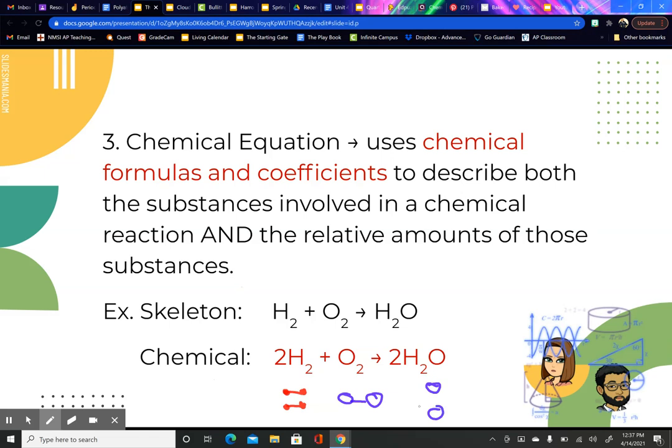And then at the end, I ended up with 1 water molecule that looks like that and another one that looks like that. So that's why it all works out. All of my hydrogens and my oxygens are accounted for. Okay, so that's a chemical equation. All right, moving on.